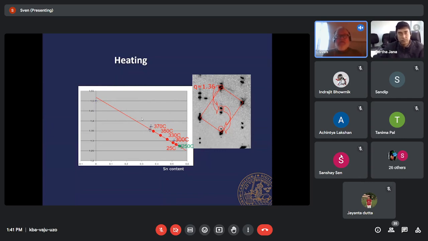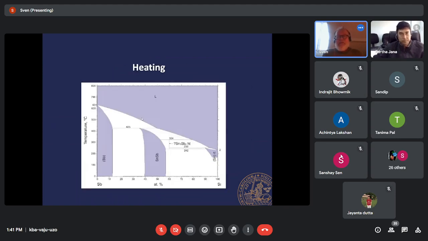You can see how the tin content is decreasing with increasing temperature. This means that our heating didn't really work, because what happened was instead that we follow the liquidus curve of the stistite as we heat.